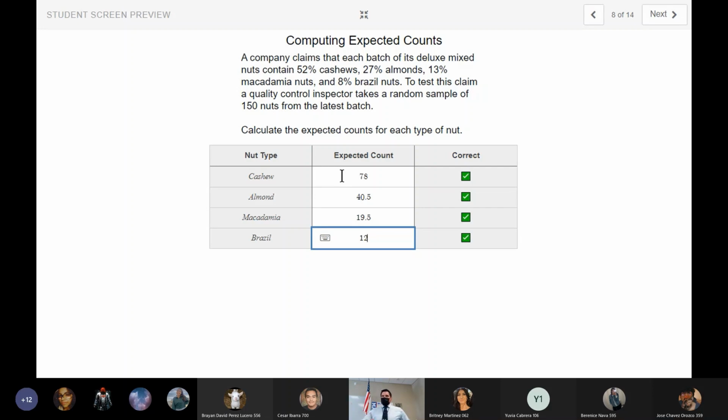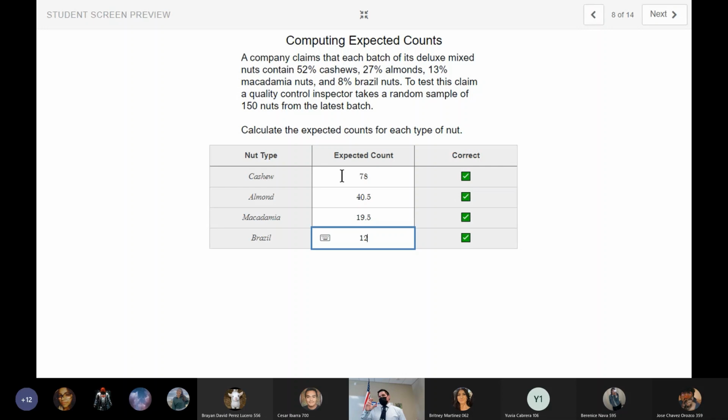We got each of those numbers by multiplying the sample size by the probability of each of those nuts being in the distribution based on the claim, or null hypothesis, essentially. So we had 150 times 0.52 for 78, 150 times 0.27 for 40.5, 150 times 0.13, and 150 times 0.08 to get those different counts.